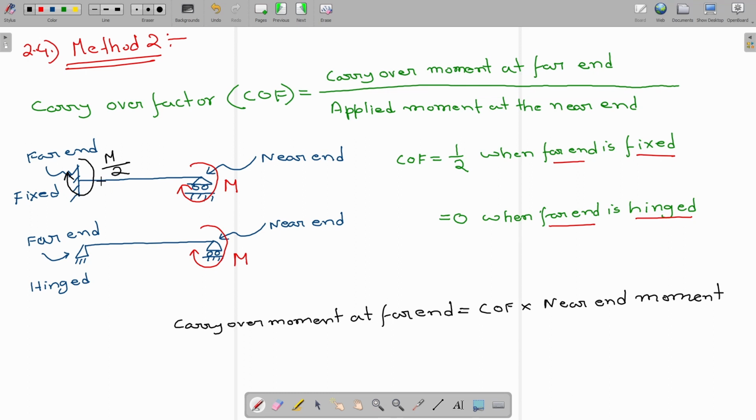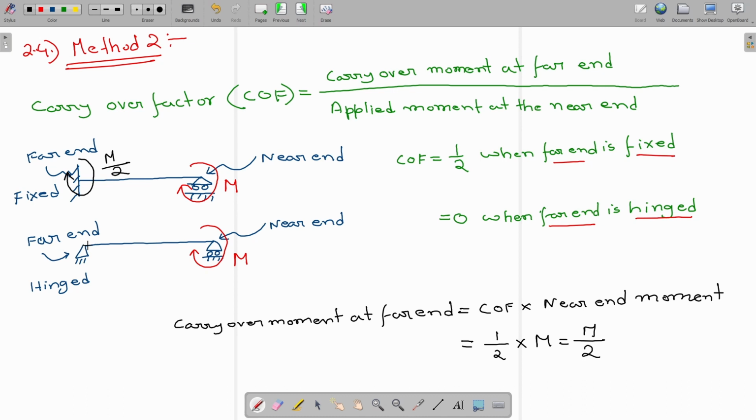Therefore the moment here will be M by 2, as the far end is fixed, so it is half, and the near end is M, so it is M by 2.